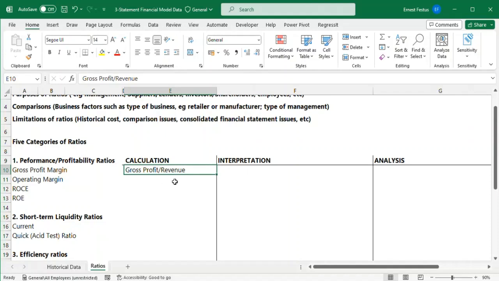And the same can be thought of in terms of a decrease in revenue. So maybe the business decides to discontinue a loss-making product.